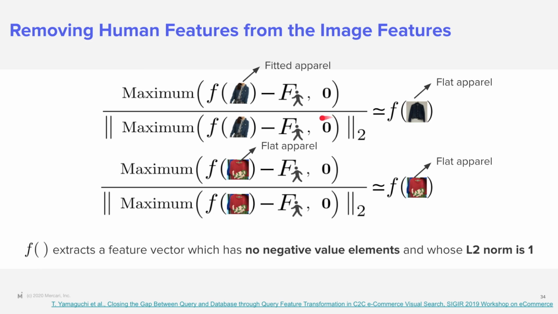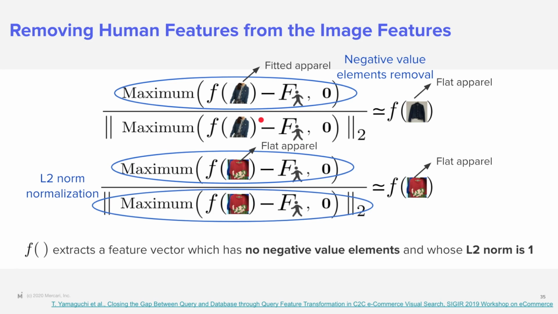For the feature vector of fitted apparel, a similar feature vector to flat apparel is generated by subtracting the human feature vector from the original vector.